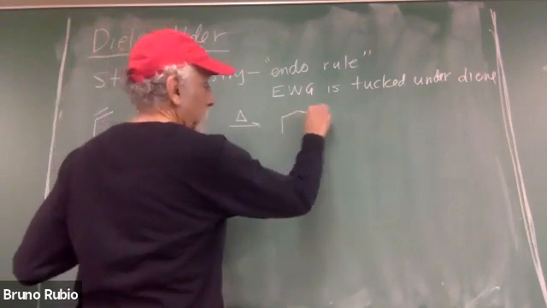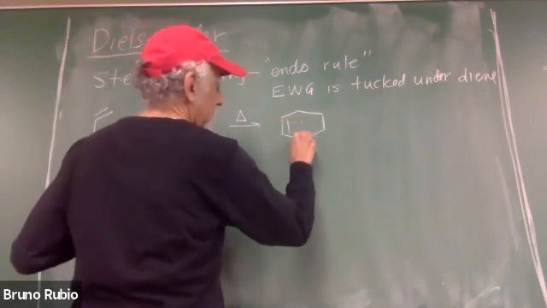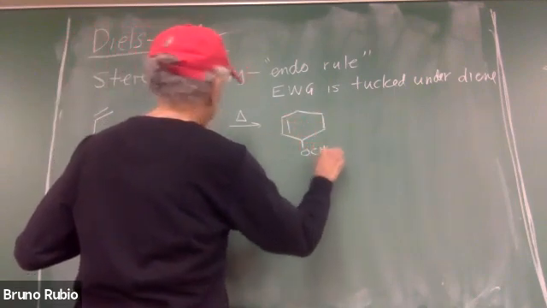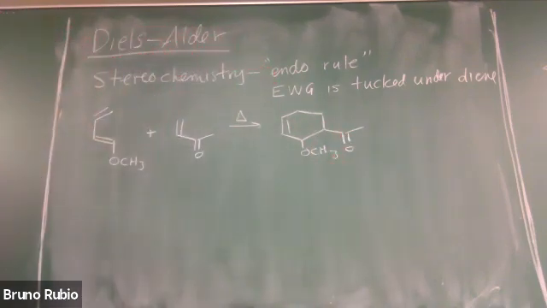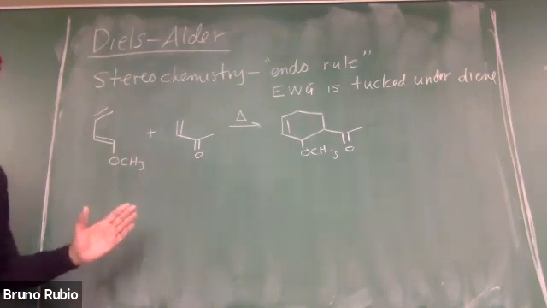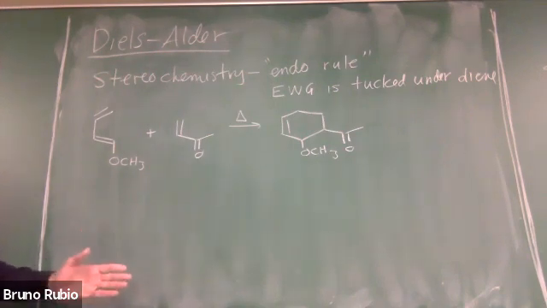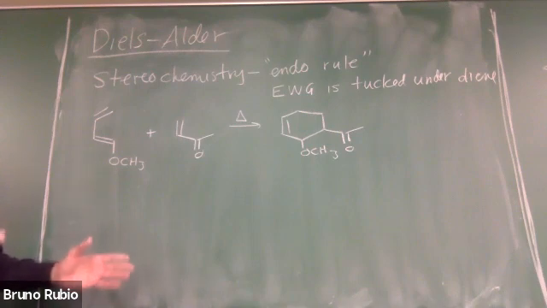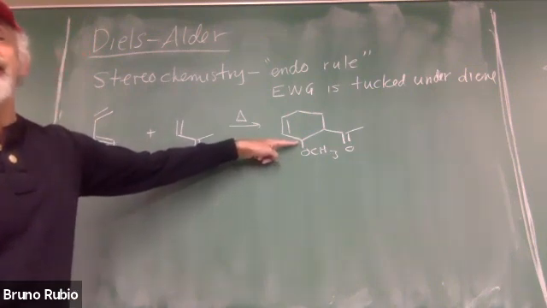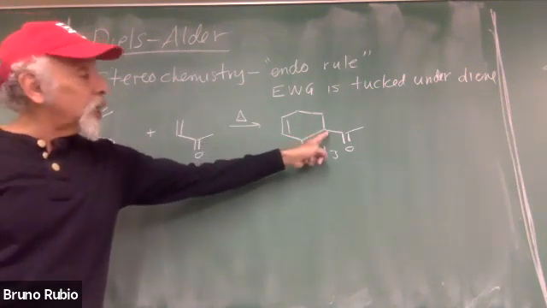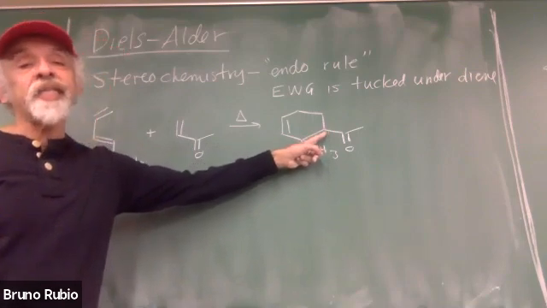The product that we're going to get is this. Right, we just went through all of that about how this gives that 1, 2 relationship of the pre-existing EWG and the pre-existing EDG. But here we've created a chirality center. Here we've created a chirality center.